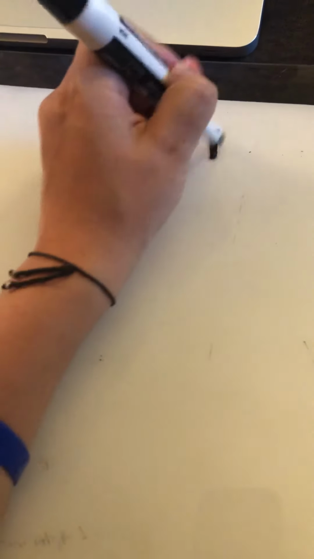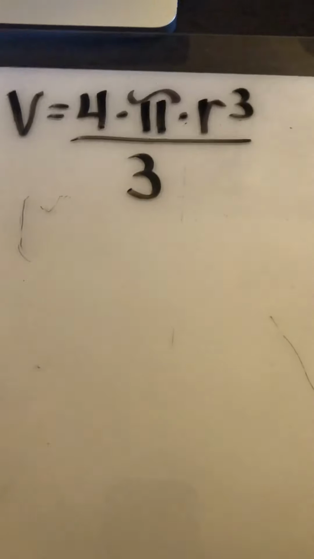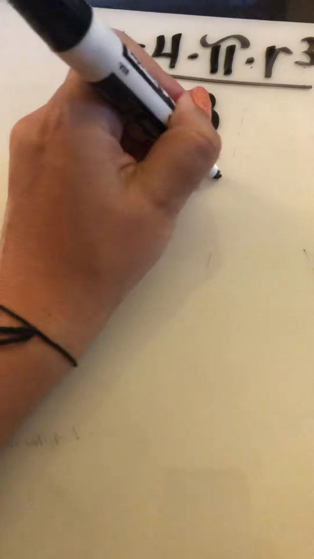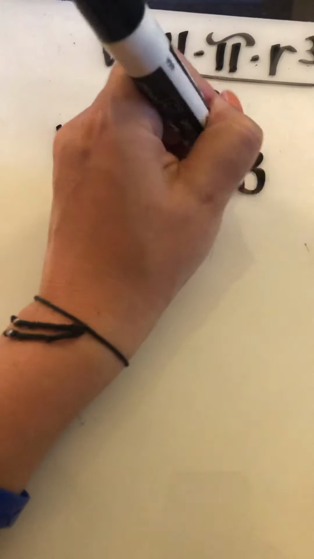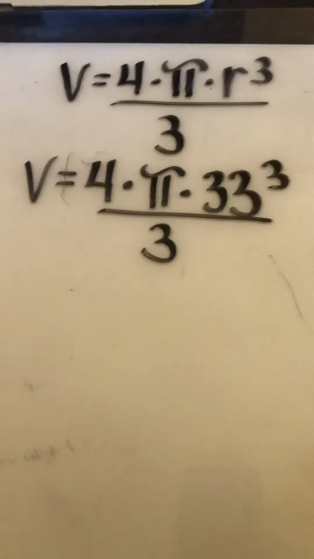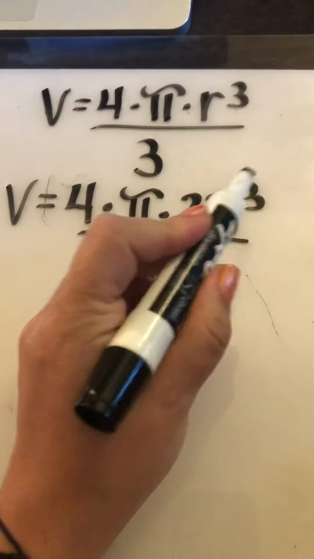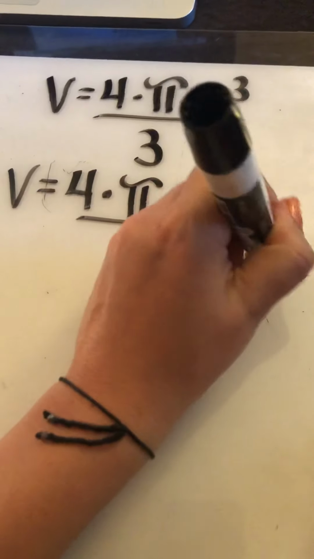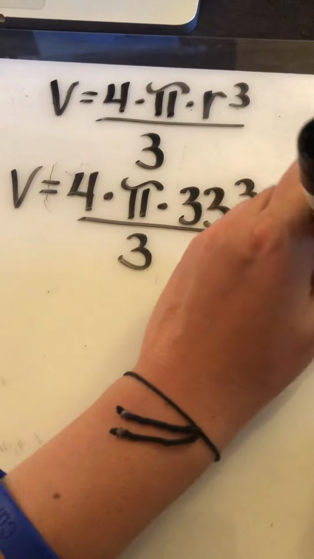So I'm going to rewrite that formula at the top of my board. So we have V equals 4 times pi times radius cubed over 3. And now we'll plug in the information that we know. So that's just going to be the radius. So V equals 4 times pi times the radius, 33 cubed, to the 3rd power. So same as before, we always do our exponents first, order of operations. 33 to the 3rd power is the same as saying 33 times 33 times 33.